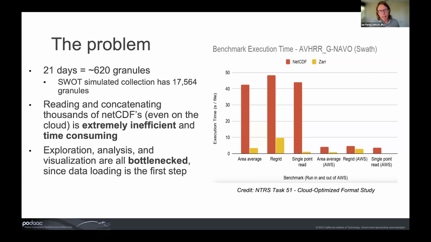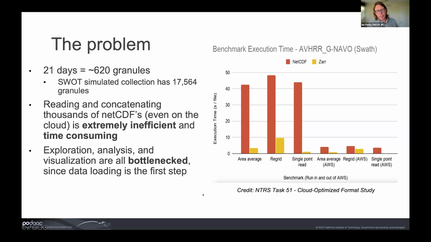And SWOT will have on the order of 20,000 of these files. So totally impossible. And so we can see a potential for the cloud to speed this up.